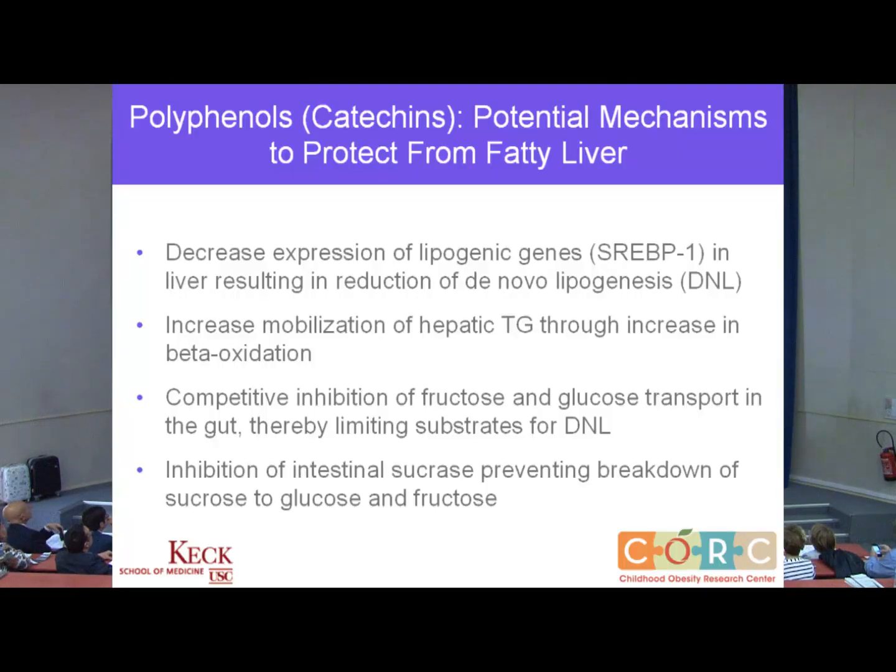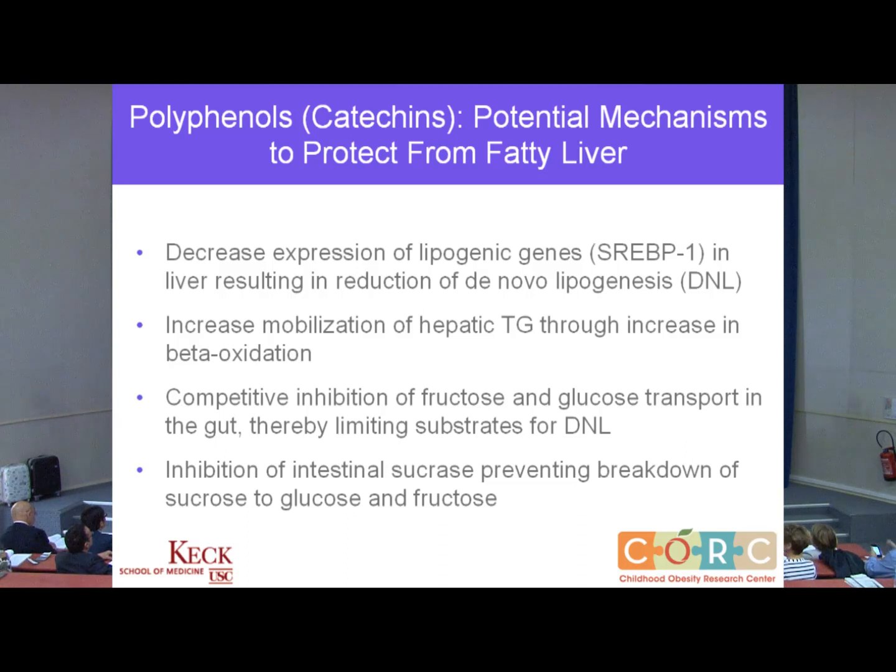And there's actually pretty good evidence from animal studies, practically none in humans, to show that high levels of polyphenols, and in particular catechins, are protective of fatty liver for a variety of different possible mechanisms, including decreased expression of lipogenic genes in liver, which would inhibit de novo lipogenesis, and an increased mobilization of liver fat through increases in beta oxidation.